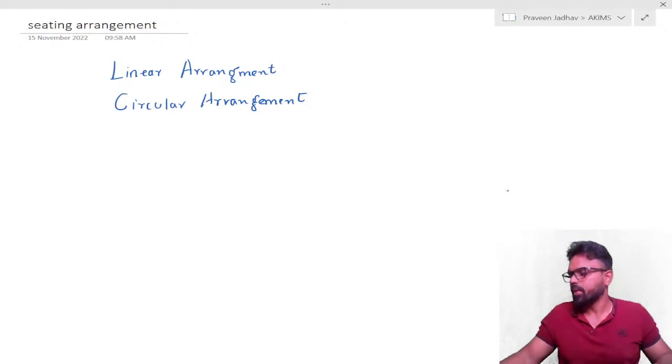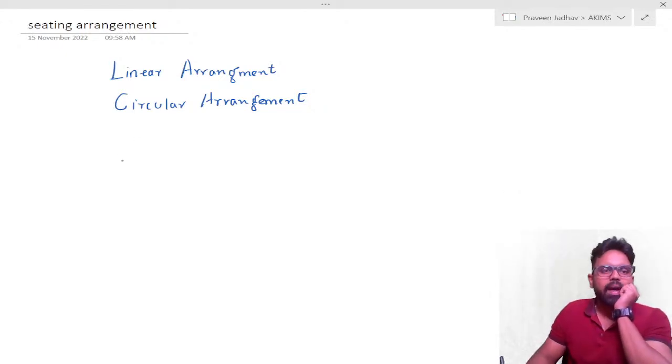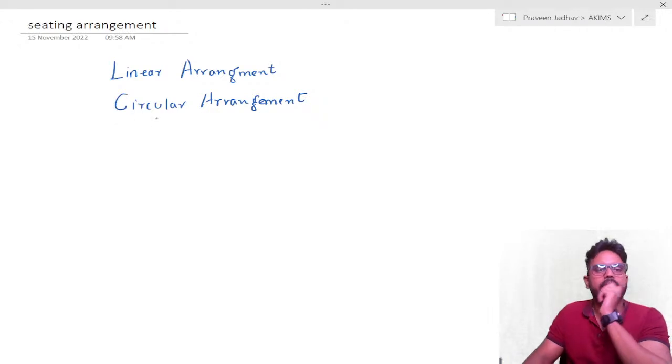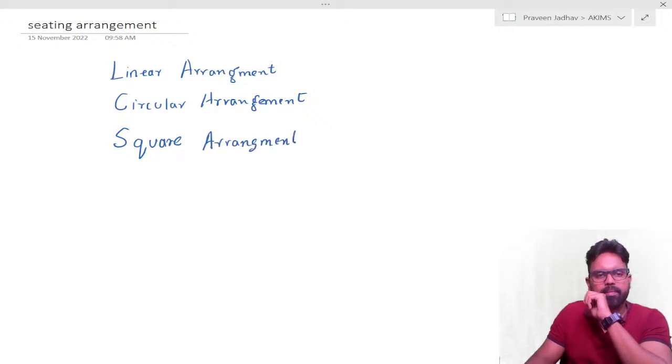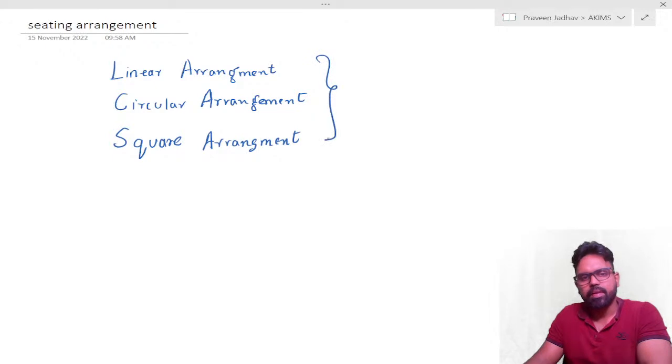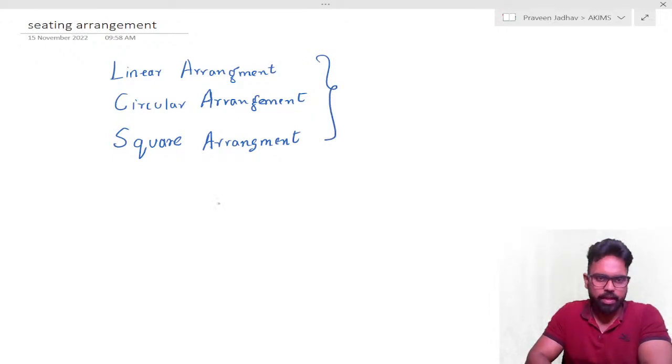And linear arrangement, circular arrangement, and square arrangement. These are the three things: linear, circular, and square arrangement.